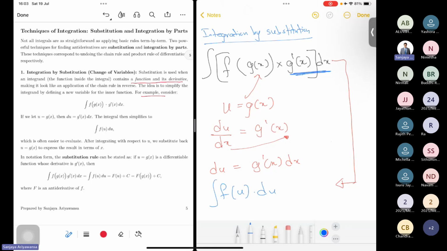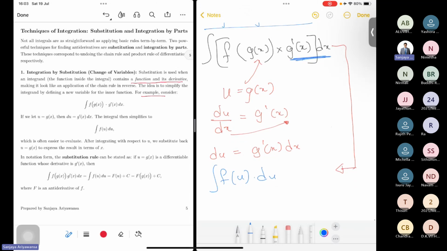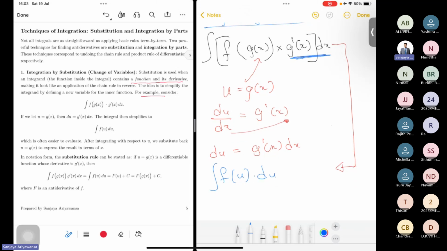So you're substituting your function which was in respect of x initially, and converting it to a function of u. And why do we do this? Simply to simplify our solving. That's why we do this.